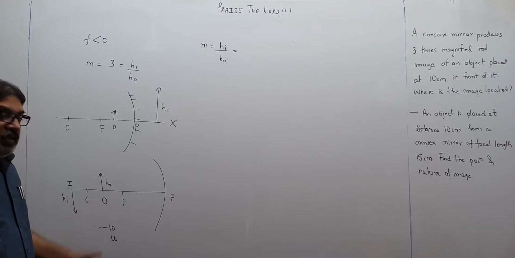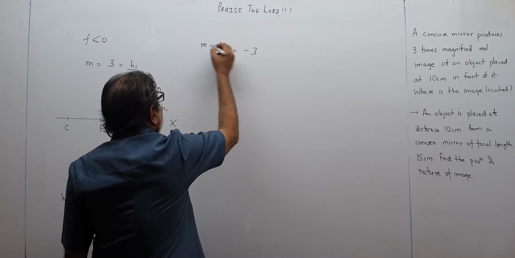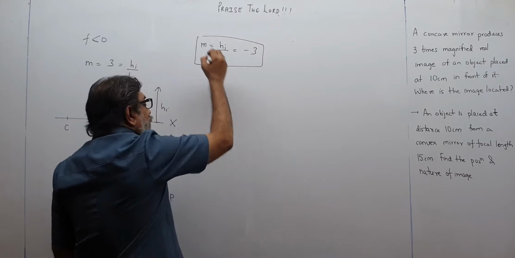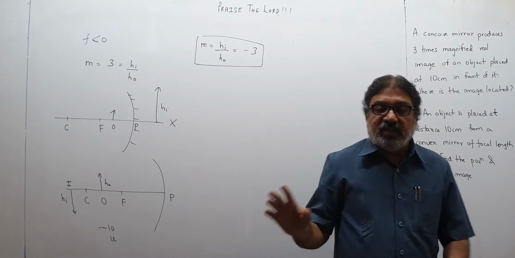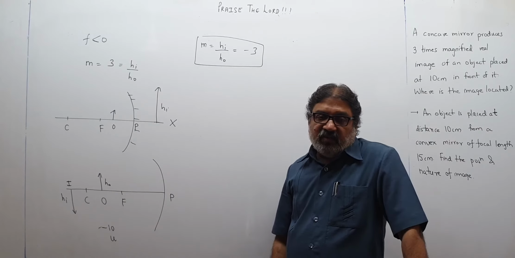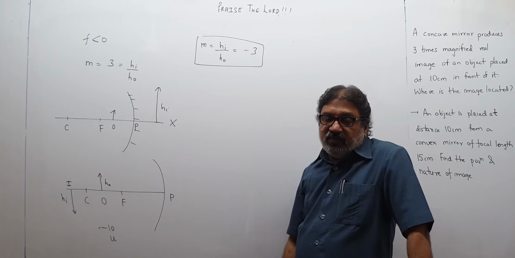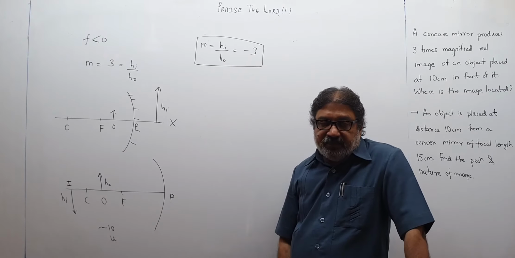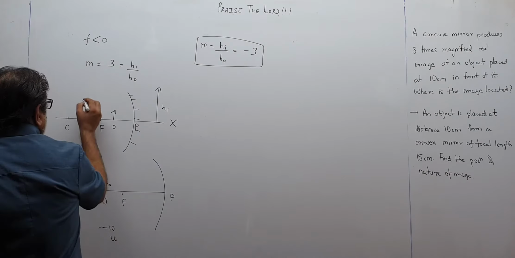One is minus, one is plus. So therefore magnification is not 3 but minus 3. Please note properly. While looking at the language, magnification is 3 times. Without thinking, children write m equal to 3 and they come to wrong answers. You have to think very hard and then realize okay, what is m. So m is minus 3, not 3. So this is wrong.